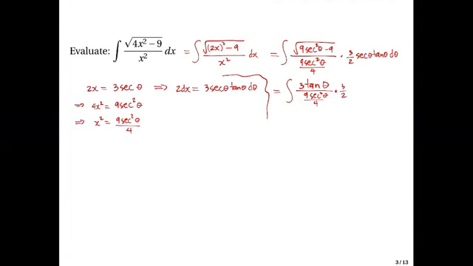So here you have the secant theta. The denominator here is just 2. So what remains from this part is 3 tangent theta, and then we have the d theta.